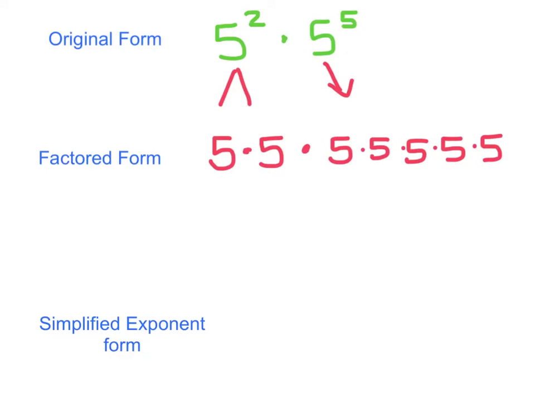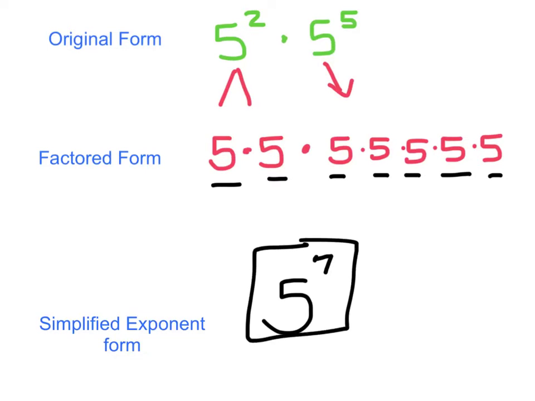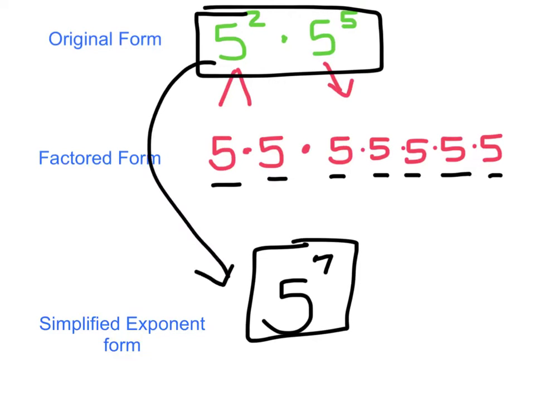Now, I could work this out. I could do 5 times 5 times all those 5s. Another way to write that is 5. How many 5s am I multiplying now? Looks like 1, 2, 3, 4, 5, 6, 7. So another way to write that is 5 to the 7th. That's a simplified way to write that. So instead of writing it like this up here, I can simplify it to 5 to the 7th.